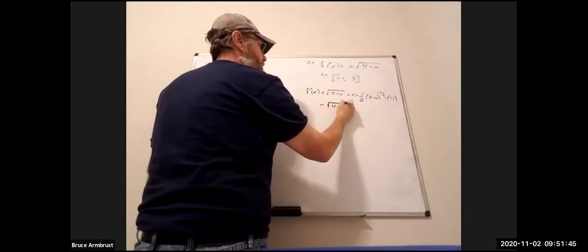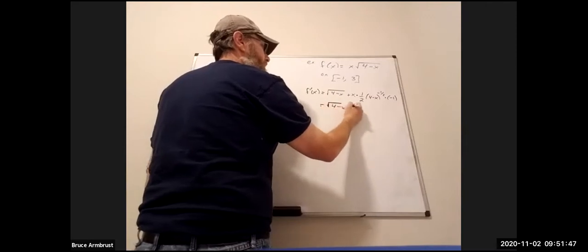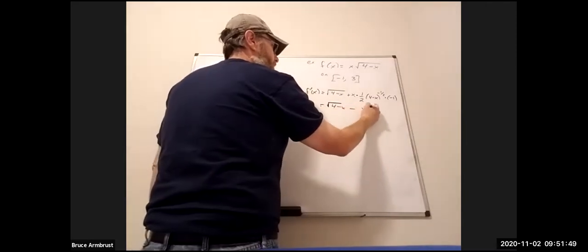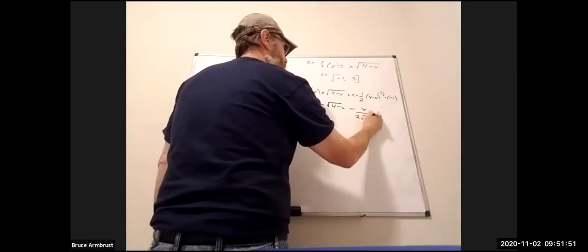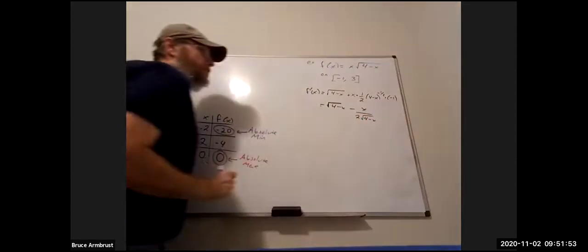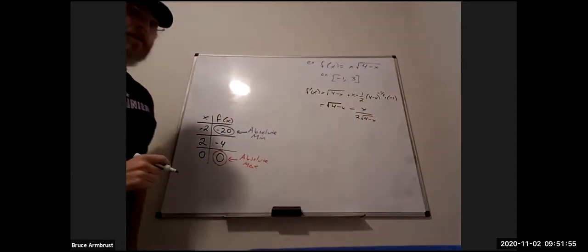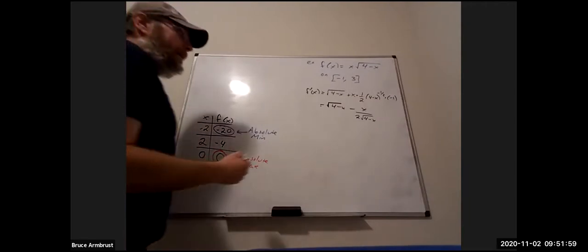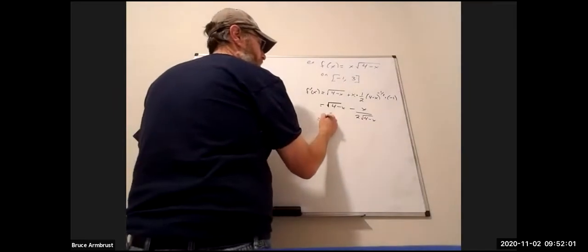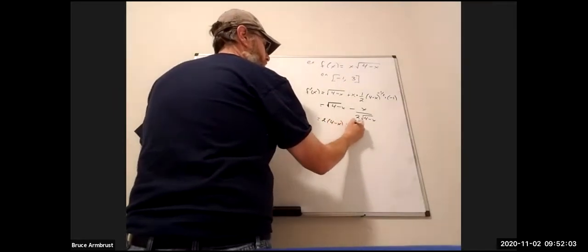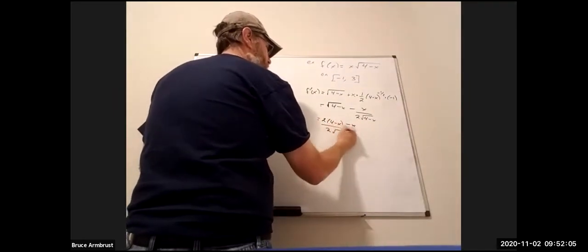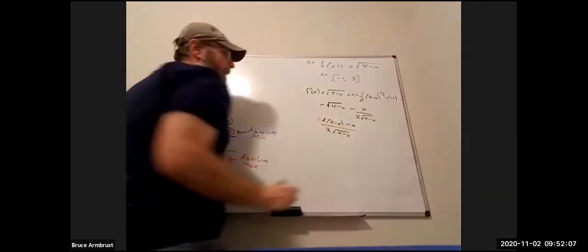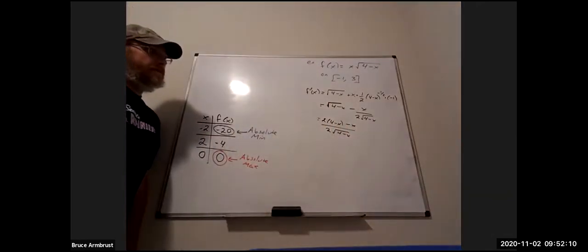It's going to be the square root of 4 minus x, minus x over 2 square roots of 4 minus x. And now I want to get a common denominator. So I'm going to multiply that first one by 2 square roots of 4 minus x on top and bottom.